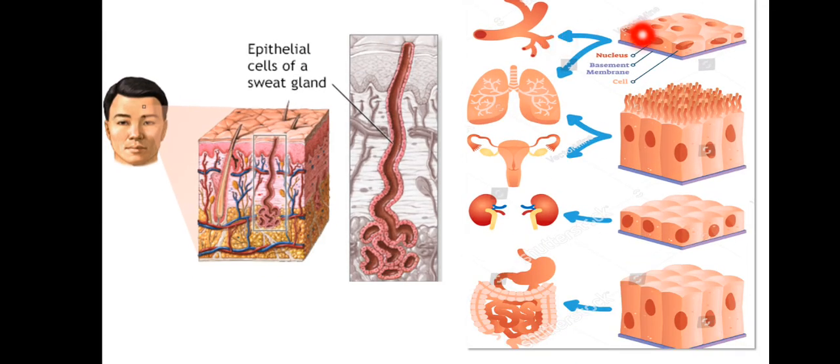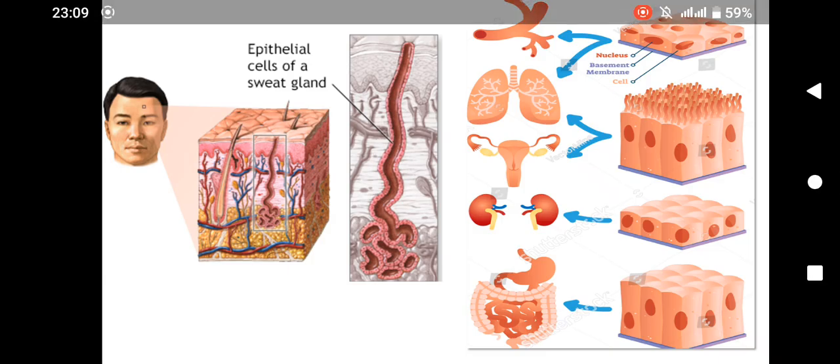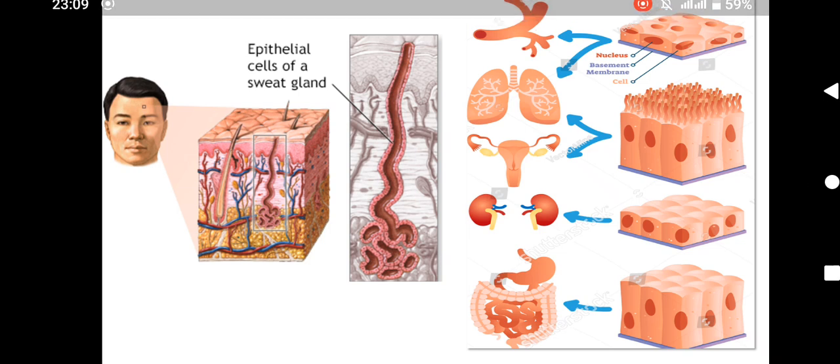For example, you can find epithelial tissue in the respiratory system. You can find it in the female reproductive system, for example, the vagina. We're going to talk about these things, okay? Then you're also going to find epithelial tissue in the kidneys, in the GIT. There are different types of epithelial tissue that are lining different body organs. Just from these few concepts, I'm sure you've been able to see why it's so important for you to know epithelial tissue.